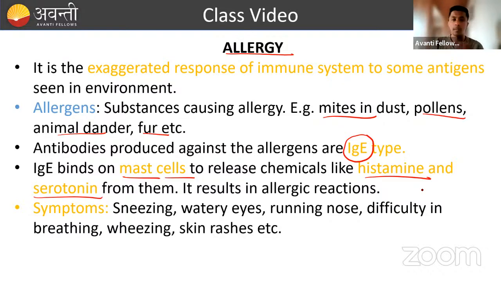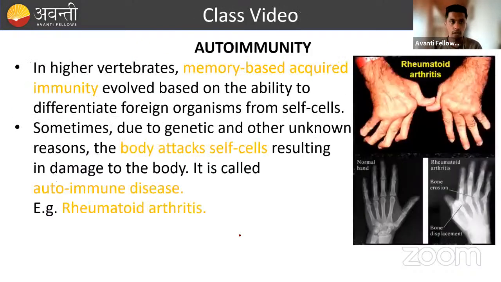So that will cause some symptoms like sneezing, watery eyes, running nose, difficulty in breathing, wheezing, and skin rashes. Have you seen people become asthmatic? People with asthma problems also suffer because of allergic reactions.